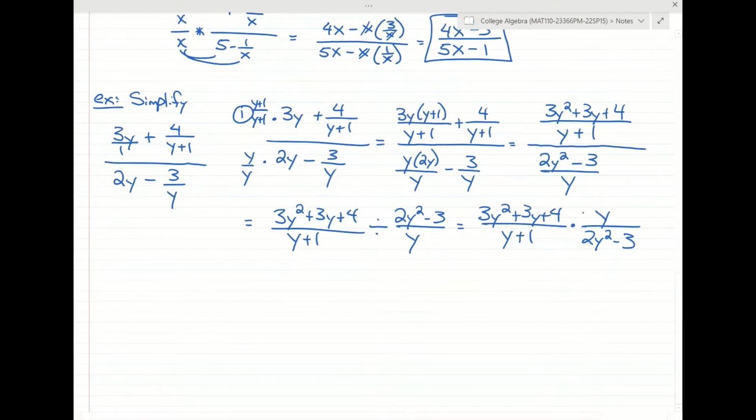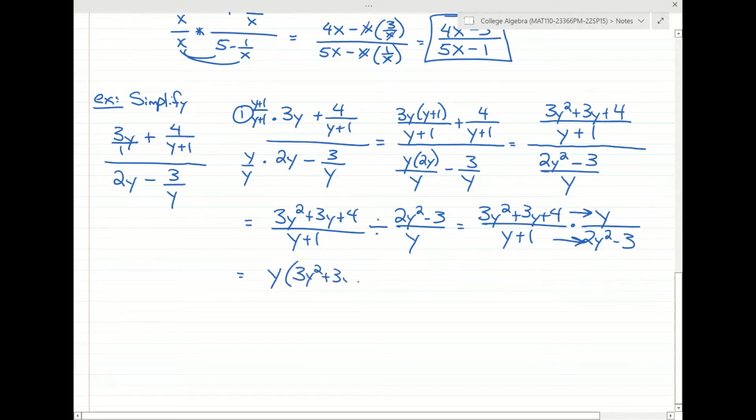When we multiply fractions, we just go straight across. So we multiply y times 3y squared plus 3y plus 4, divided by y plus 1 times 2y squared minus 3.